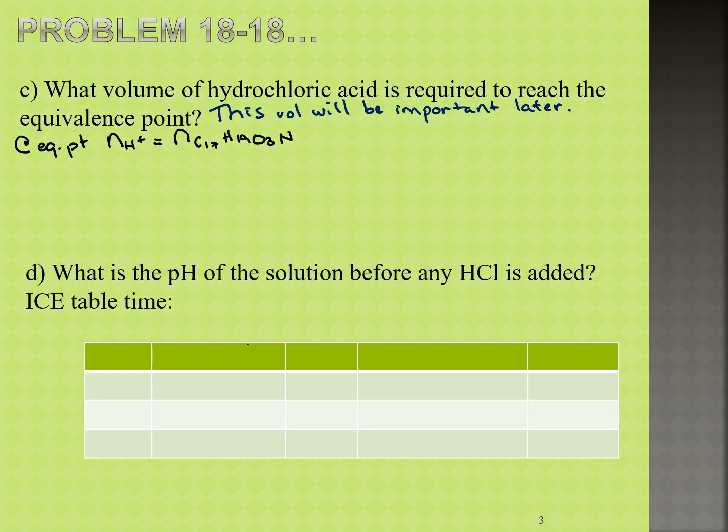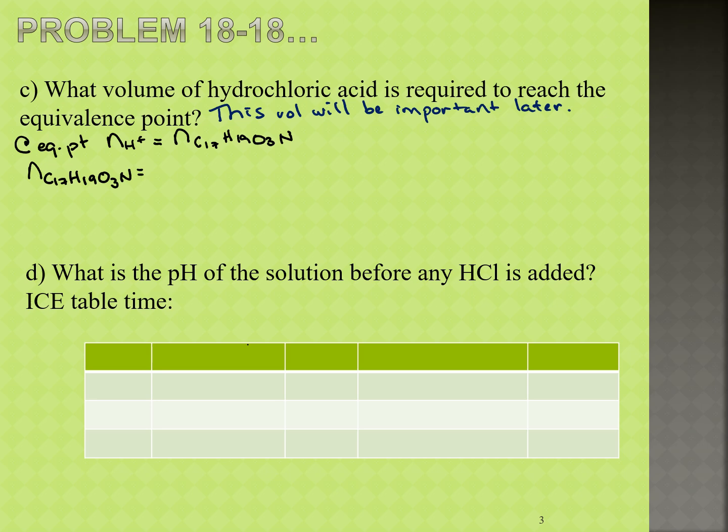So if I know the moles of my morphine, I can find the moles of the acid. So let's say that I have the number of moles of morphine. Good Lord, I told you I made a mistake that I'm going to have to write out morphine so many times.